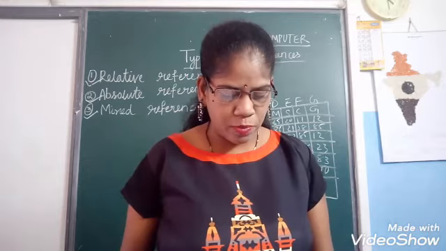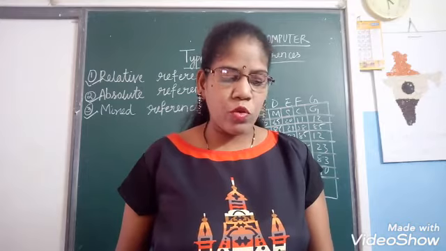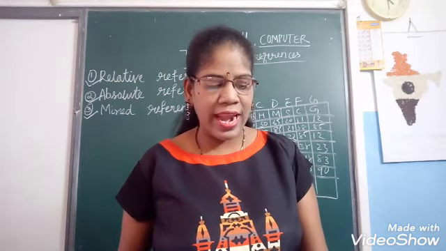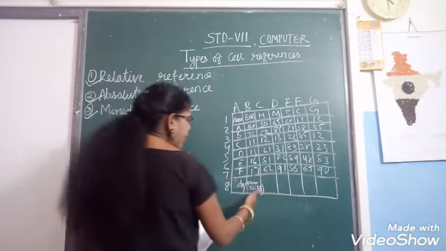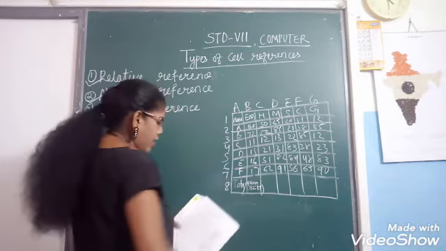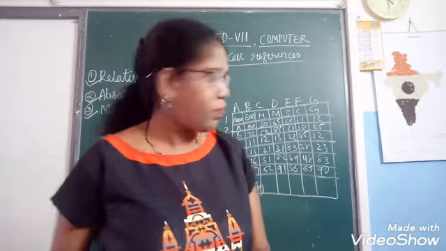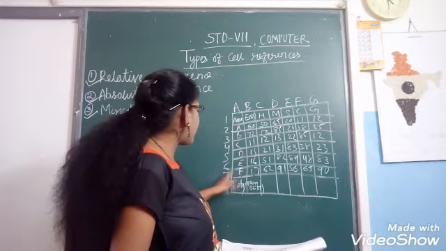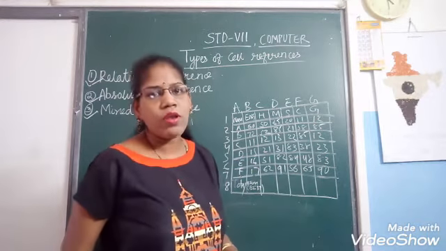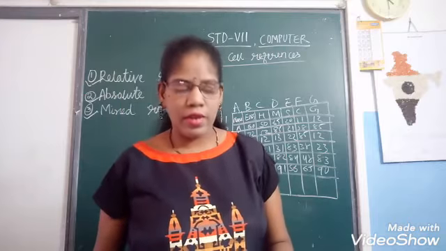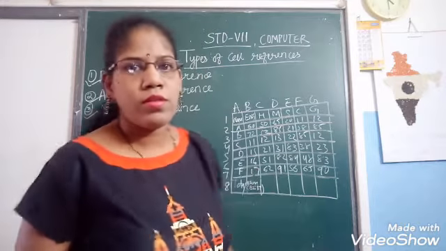See in your textbook, page 22. In relative reference, you can simply use the copy and paste command. Instead of writing the formula again and again, just copy and drag, and automatically for the cells from B7 till G7, all the answers will come. This is known as relative reference.